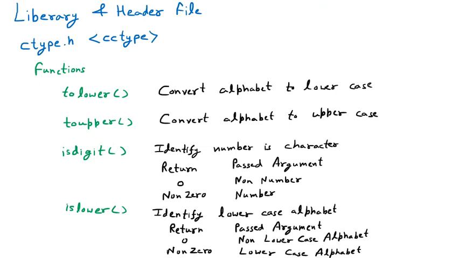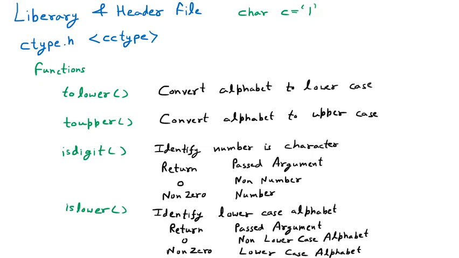Let us suppose that we are having a character char C, and that is equal to, let us suppose here I am passing 1. We know that 1 is not a character, 1 is a numeric. Although we know everything comes under the character, but we want to differentiate what are the character, exactly character.